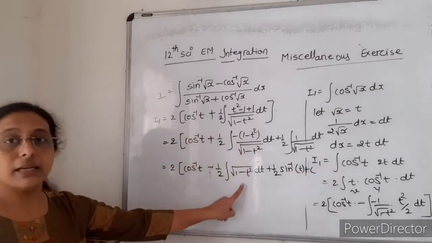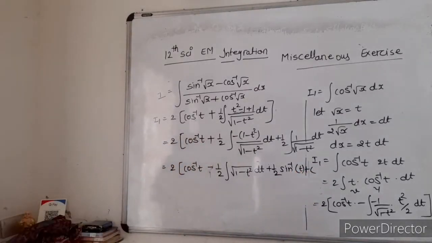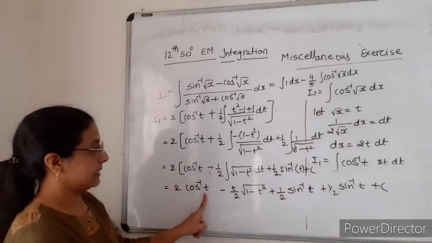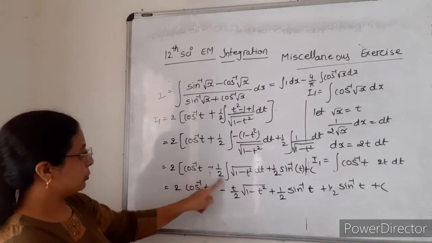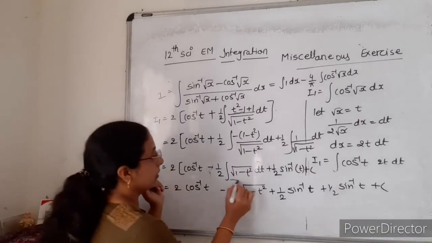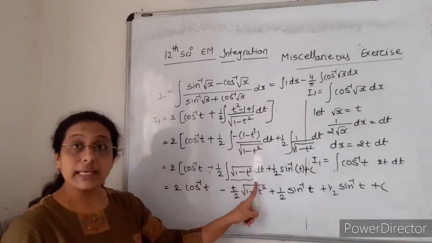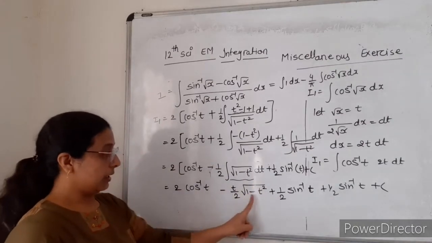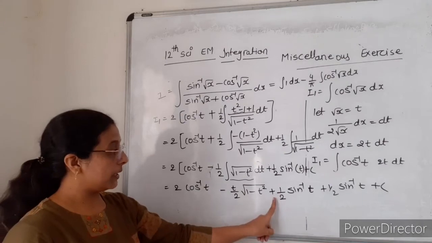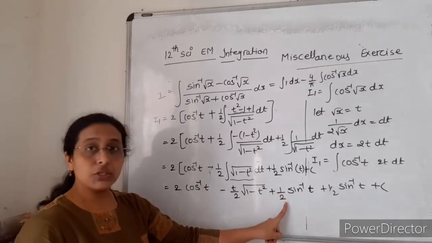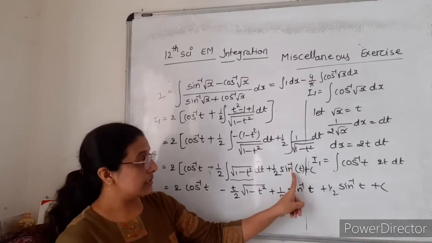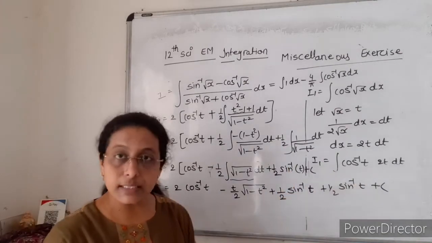So what is the integration of this function now? It is a formula. Okay. So now 2 cos inverse t minus 2 and 2 cancel. Here integration of root of a square minus x square, that is the formula, t by 2 under root 1 minus t square plus a square by 2, a square, that is 1 by 2 sin inverse t, and this is 1 by 2 sin inverse t as it is.